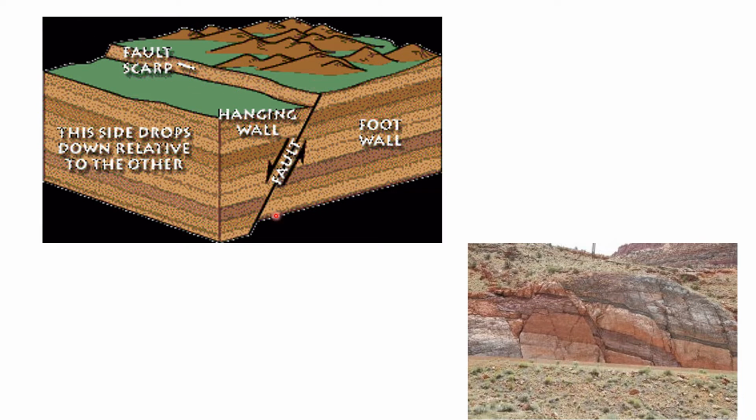If there's strain due to the stress, you will see the fault scarp, and there is a hanging wall. This side drops down relative to the other. This is what you call the footwall, and this is the hanging wall. This is what moves. All right.